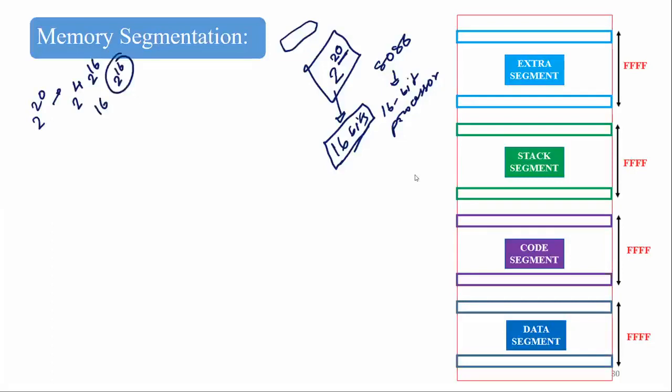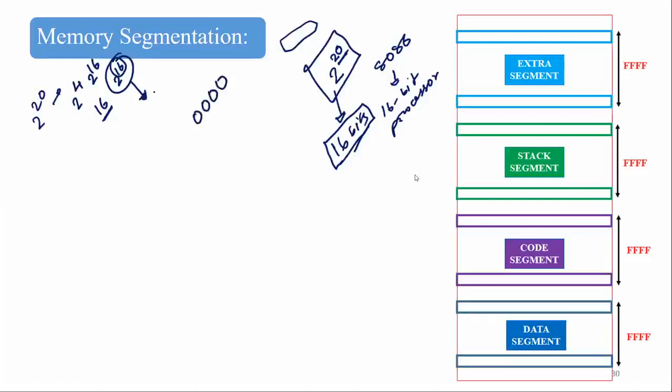That means we can have 16 segments of memory which can be accessed by, okay, I am coming to that one. If you want to have a 16-bit address, what is the minimum address that you can have? 0000, isn't it?